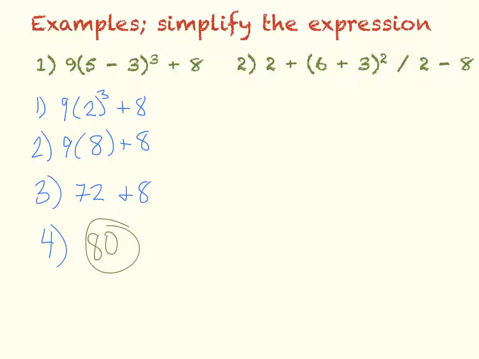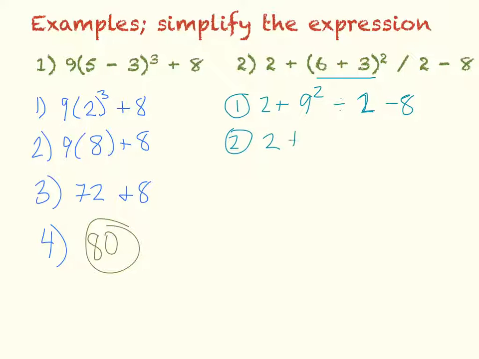For this next one, there's more steps in this one, but the first thing we're going to do is the parentheses. So step 1 is going to be to write 2 plus 6 plus 3 is 9 squared divided by 2 minus 8. Okay, so now we have exponents. 9 squared.